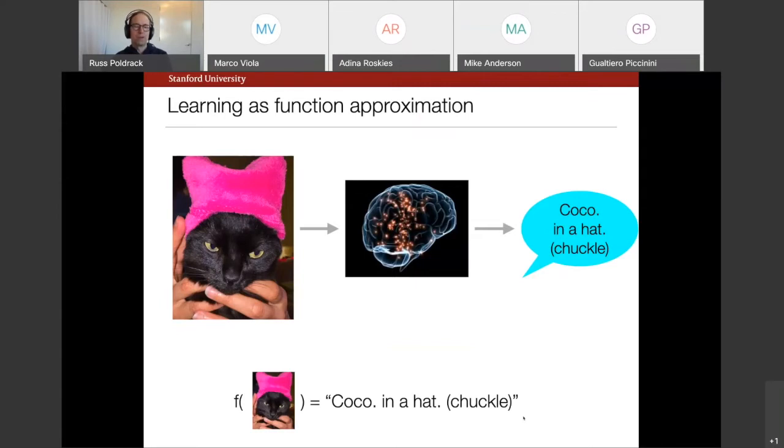What a neural network is really trying to do is approximate that very complex function, the mathematical function that goes from this retinal input to this statement, using some kind of parameterization.